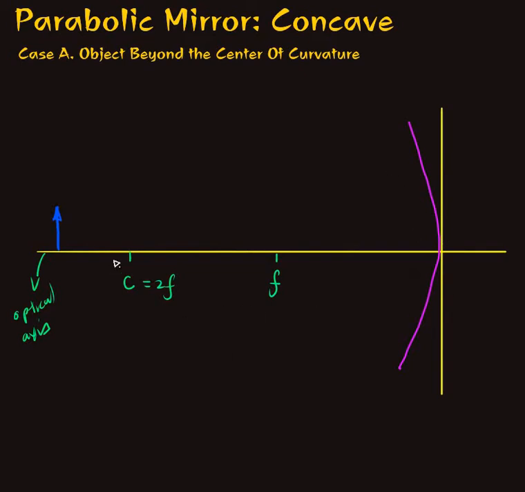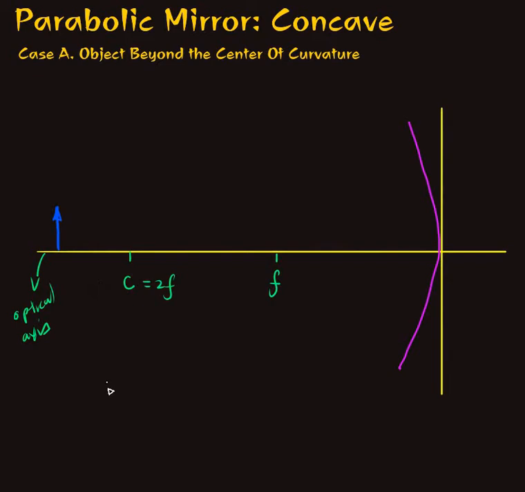If it is going down from the optical axis, it is downward. The other characteristic you're going to check is the size. So there are 3 characteristics you're going to check on the image once you do the ray tracing: if it's upward or downward, if it's real or virtual, and if it's bigger or smaller than the object.